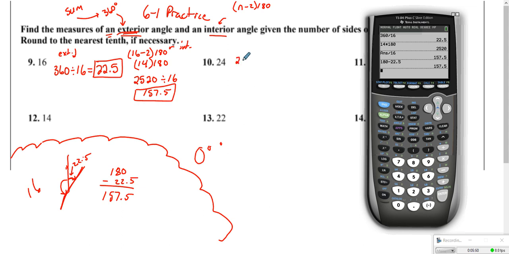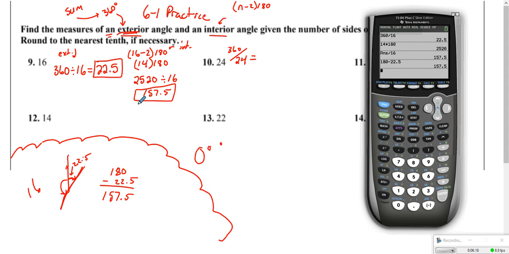You could say, well, 360 divided by 24, and then whatever that number is, do 180 minus that number to find the other answer. Right? 360 divided by 16 was this. 180 minus 22.5 is this one. So I could have saved myself a little bit of work just understanding what I'm dealing with.